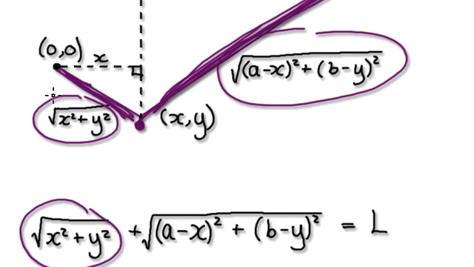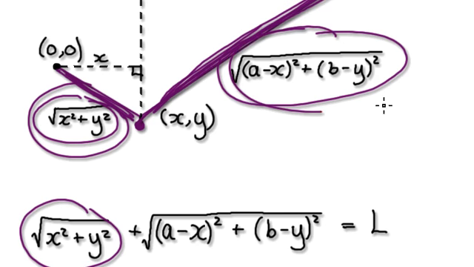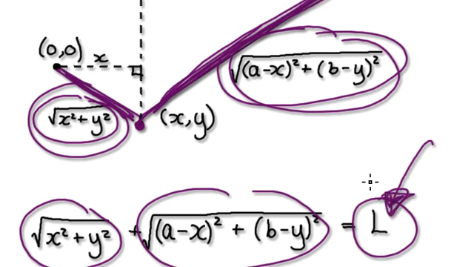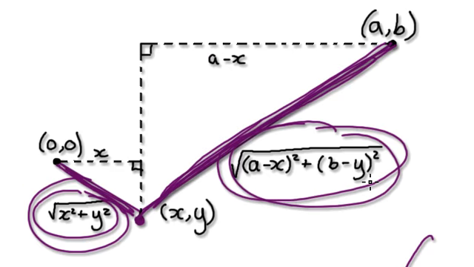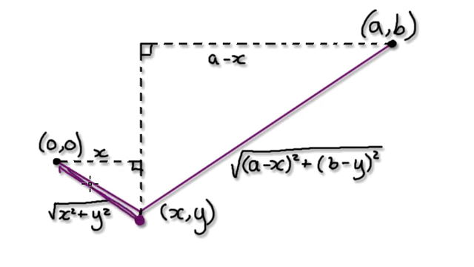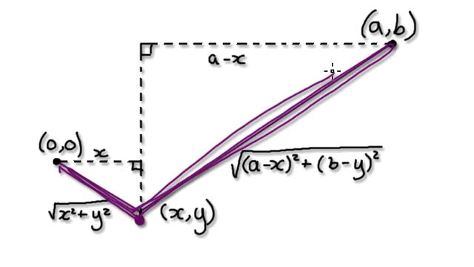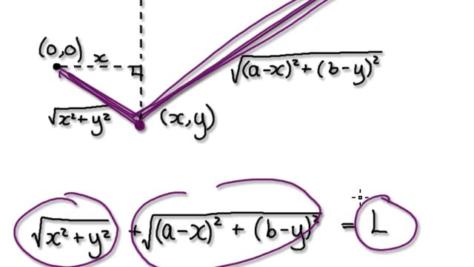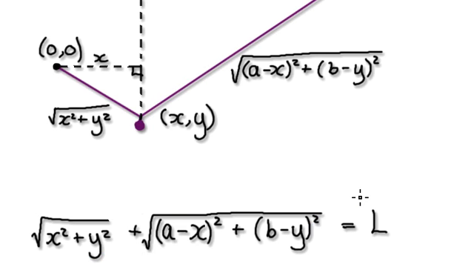You get this length, and then you add this length here, and it must always be the total length of our string. So the constraint here is this thing plus this thing here must be the length of our string. Okay. We'll continue in the next video.